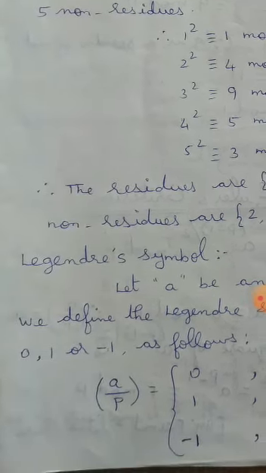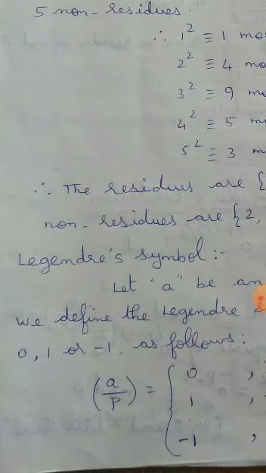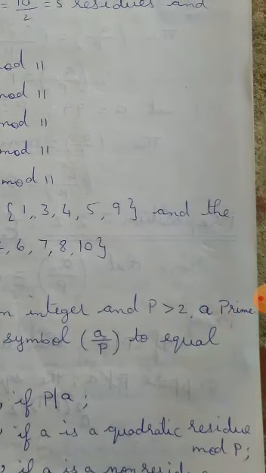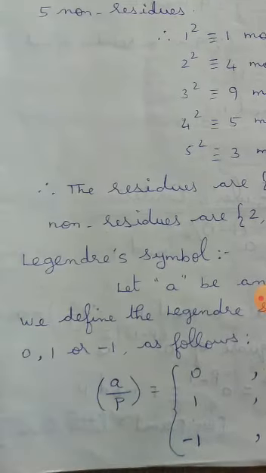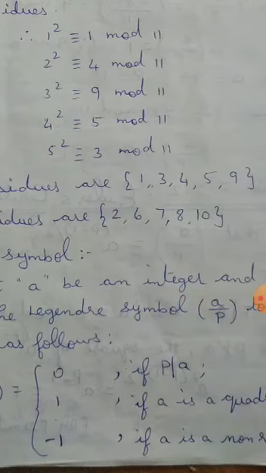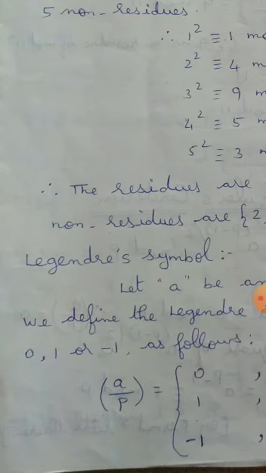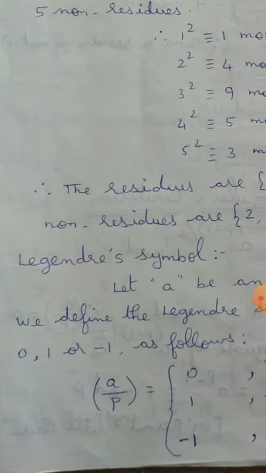Let us see another definition, the Legendre symbol. Let a be an integer and p greater than 2 a prime. We define the Legendre symbol (a by p) to be 0, 1 or minus 1 as follows. When we divide a by p, the only answer is 0, 1 or minus 1.